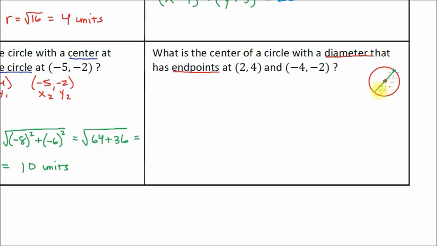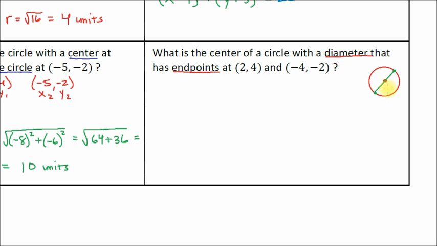So if they give me these 2 green points, these 2 endpoints, then I need to find this point right in the middle, and that is going to be my center, and that is a midpoint. So we're going to use the midpoint formula.